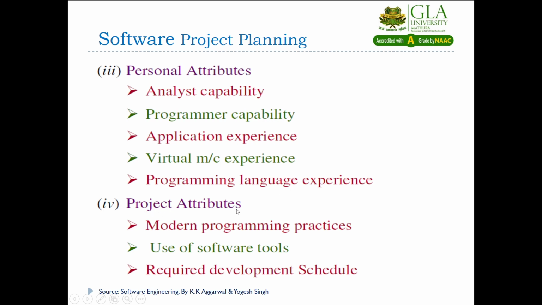Then project attributes: modern programming practices, use of software tools, required development schedule. So these are your basic 15 cost drivers which will help us compute the effort adjustment factor.